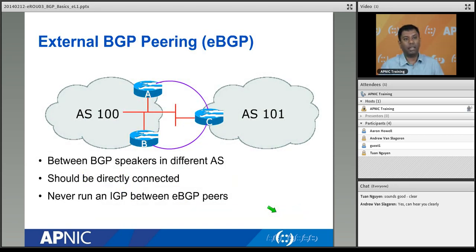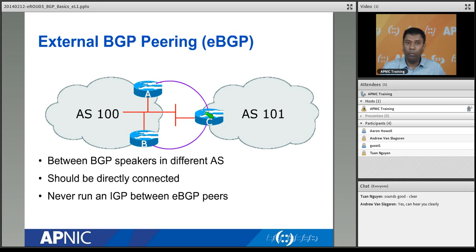eBGP peering, external BGP peering. So as I said, normally for external BGP peering, we prefer routers to be directly connected. So for example, in this situation, if those two routers are directly connected, right, we can add eBGP peering. Why is that? Because in eBGP peering, normally we connect to two different upstreams, right? So if we have two different upstreams, if we don't use the point-to-point link as our peering address, then if the link is down, what will happen?